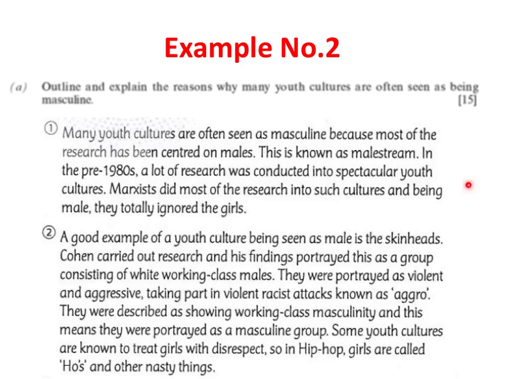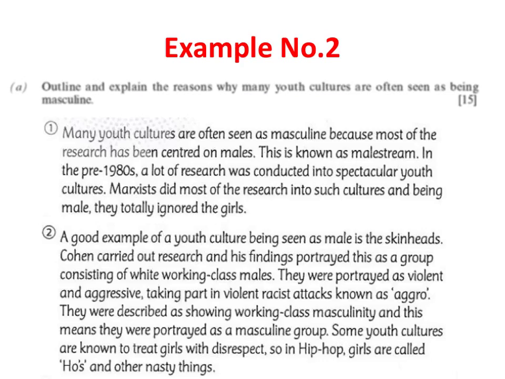Okay, so this is an effective opening paragraph, I think. So it makes it clear that the candidate understands the debate, and also there's good use of key terminology in this opening paragraph. So we've got this feminist idea of sociology being mainstream, we've got reference to spectacular youth cultures, we've also got reference to the Marxist perspective.